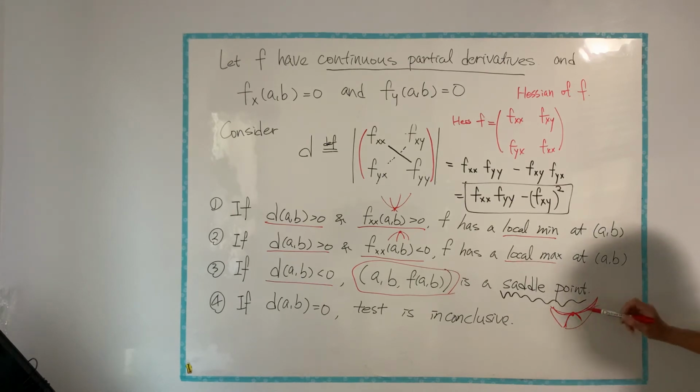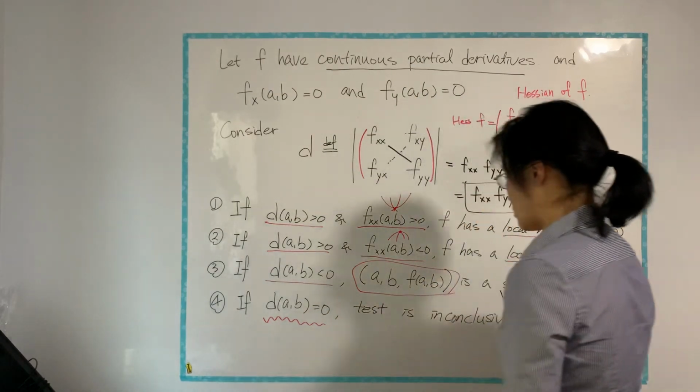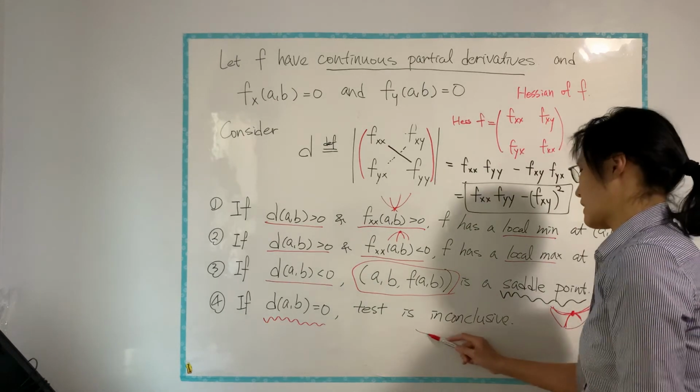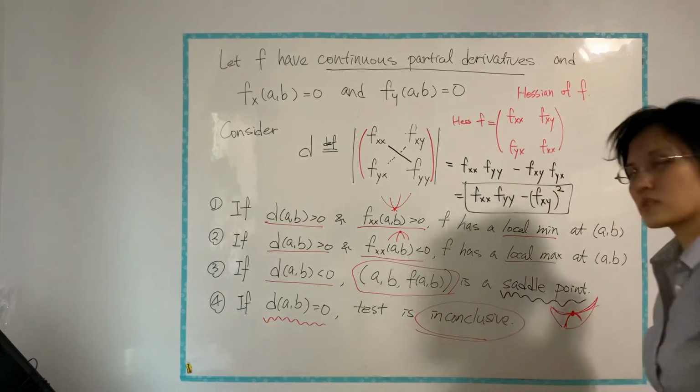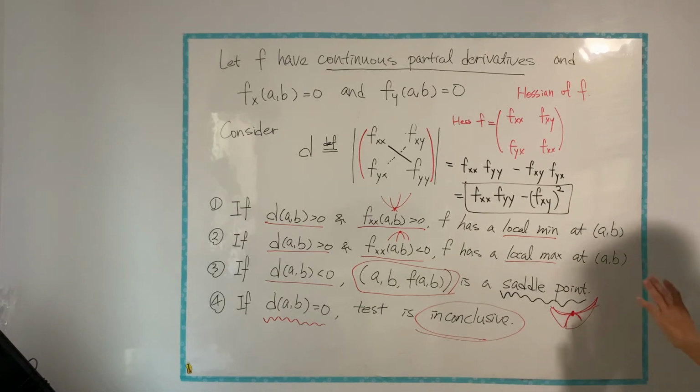Last, if the determinant at (a, b) is equal to 0, you know nothing. The test is inconclusive. You will probably need to find another approach. Basically you cannot draw any conclusion using the second partial derivative test.